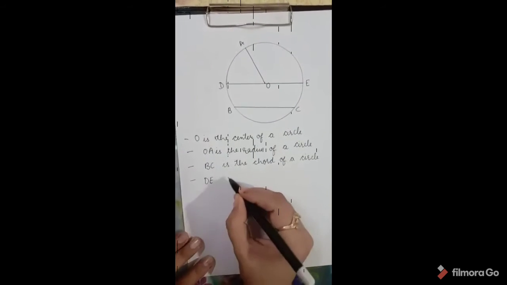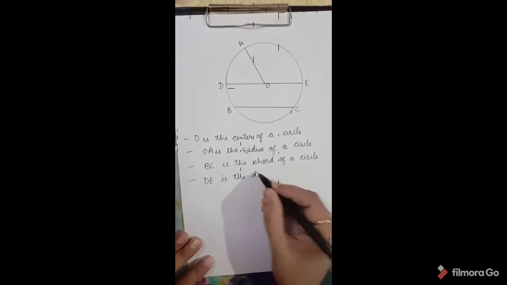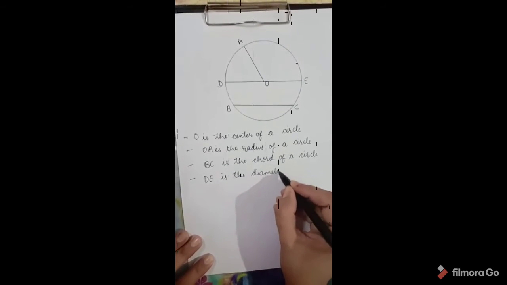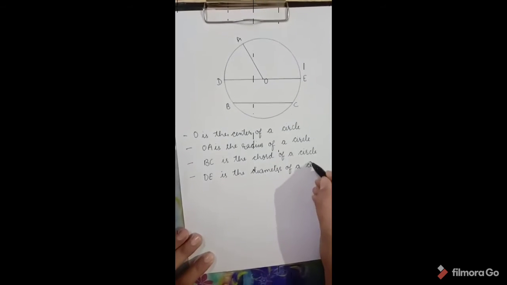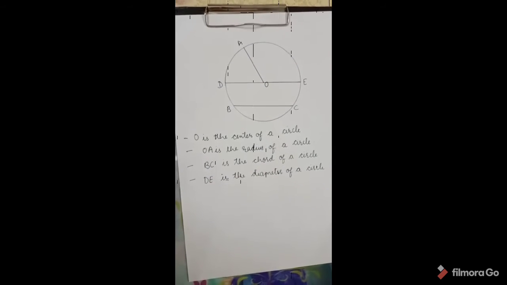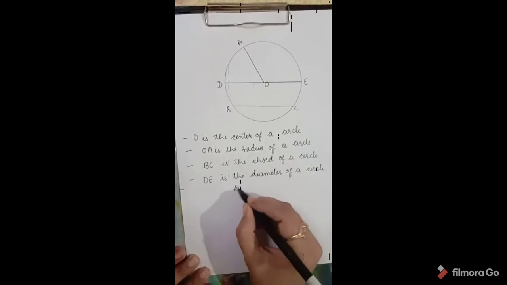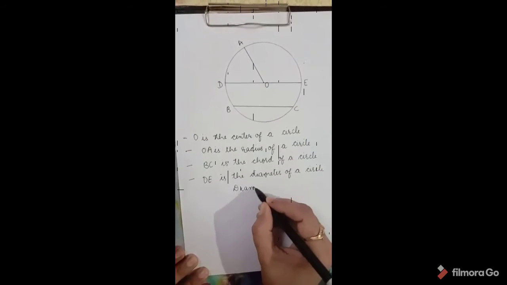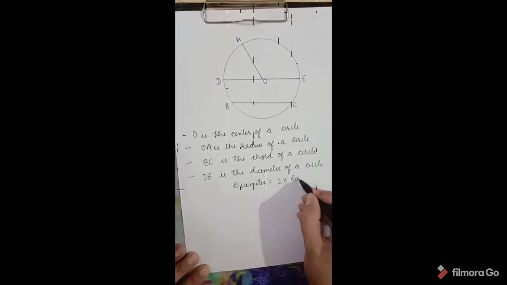So DE is the diameter of a circle. Diameter is the longest chord and it is double the radius. So we can write: diameter is equal to 2 multiplied by radius.